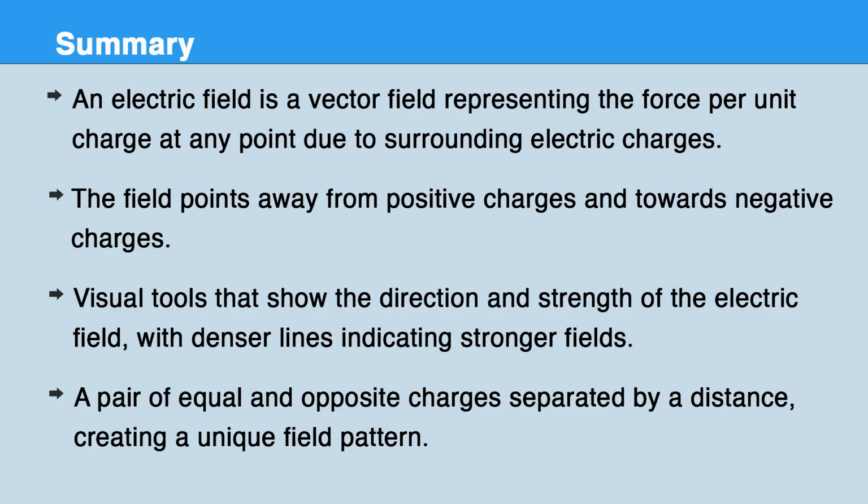Charges can be positive or negative, and like charges repel while opposite charges attract. The electric field is a vector field representing the force experienced by a unit positive charge in the presence of other charges. Electric potential describes the work needed to move a charge in an electric field.